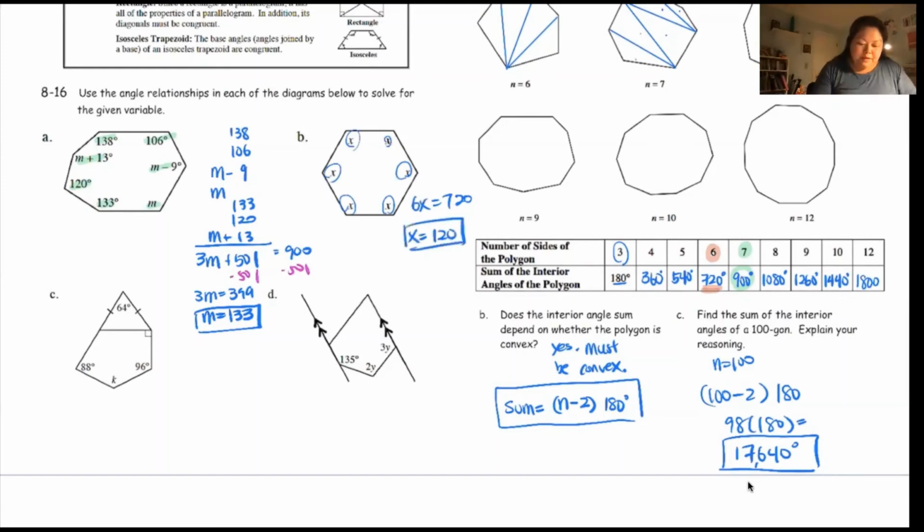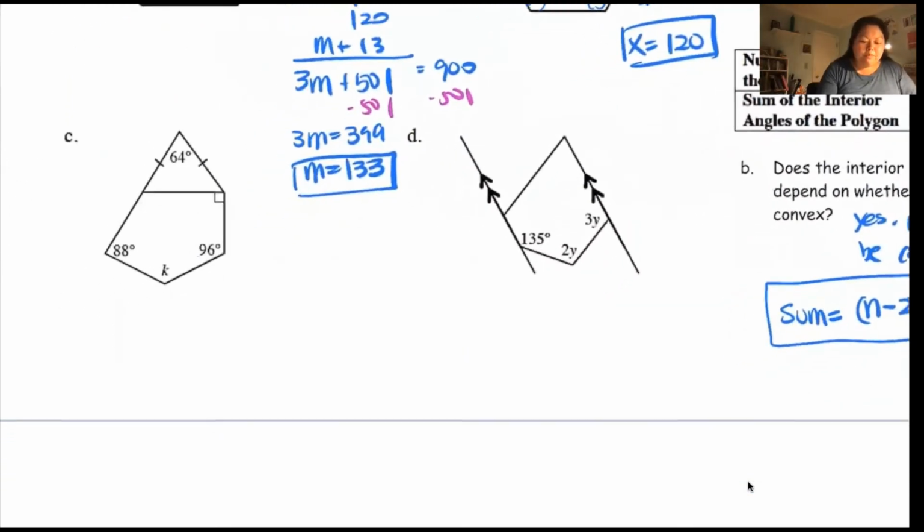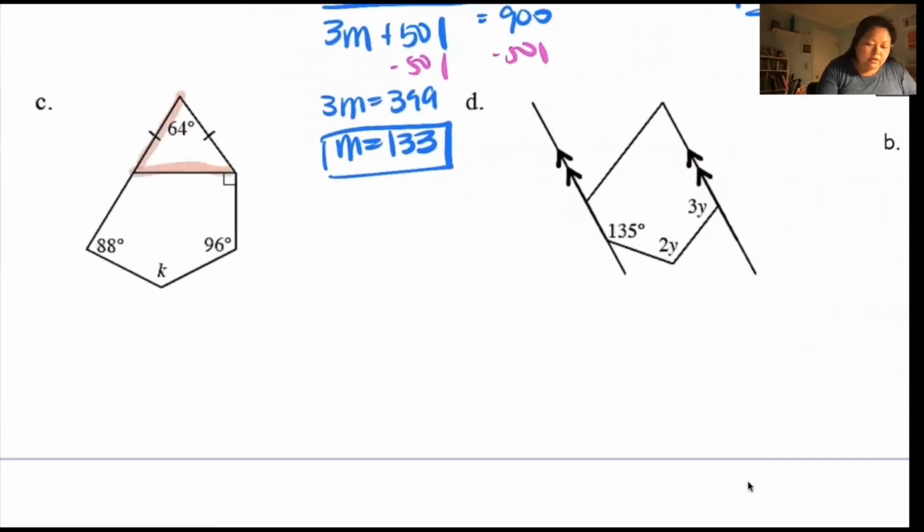All right, how about down here? It's getting a little bit tougher, right? We got more pictures here. Let's start with what we know. This is a triangle, and this is isosceles, which means these two are the same. Even though they didn't ask us to find that, we need to find that in order to find k at the very end. So we need to work on that first. If I call this x, this is x.